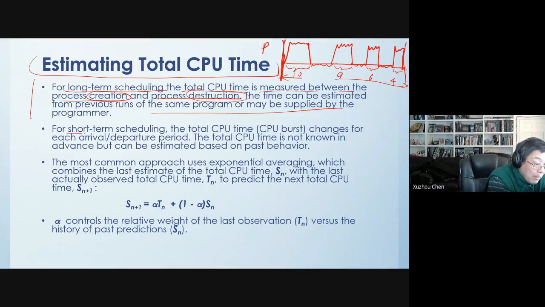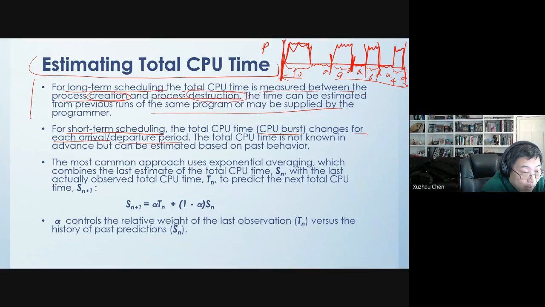Now, for the short term, we need to measure each burst. The CPU burst changes from each arrival to departure time. So here is the arrival time, and here's the departure time. Then there's a silence, and arrival time again, departure time again. Each time it's different.